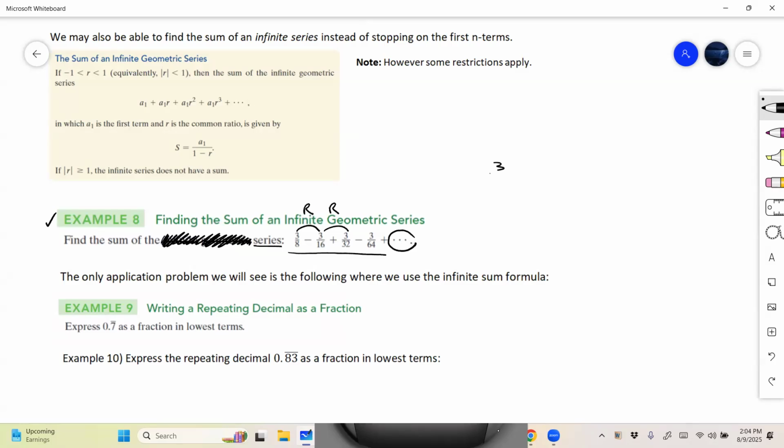Okay, so minus 3/16 divided by 3/8. So minus 3/16, flip, right? So this is -8/16, which is -1/2. All right. Now I can check these two to confirm that the ratio between them is also the same and fixed. 3/32 and -3/16.